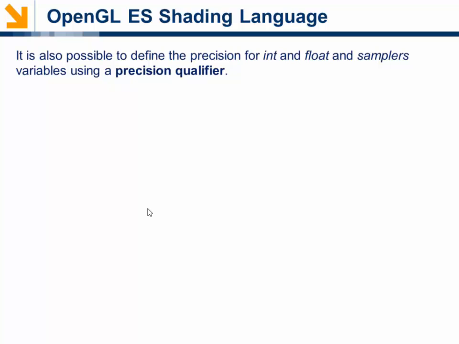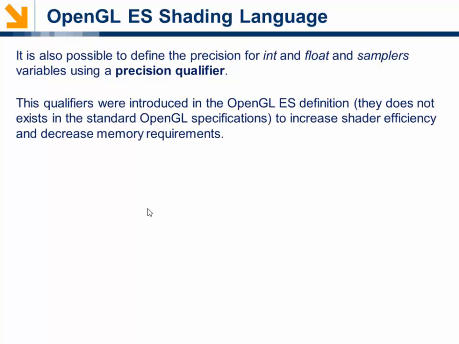Since, again, WebGL implementation started from embedded system implementations of OpenGL, it is assumed that embedded devices have fewer resources at their disposal in terms of memory, battery, etc. So in order not to waste those resources, it is possible to downgrade a little bit the precision of some of the variables, like floating point samples, etc.